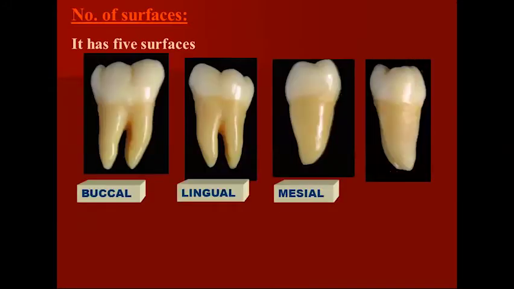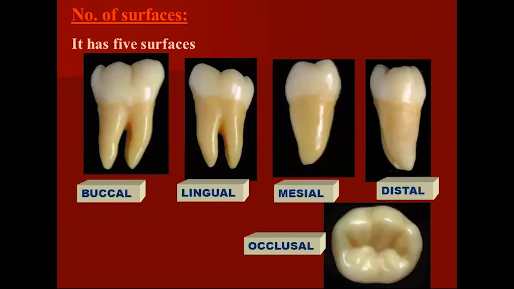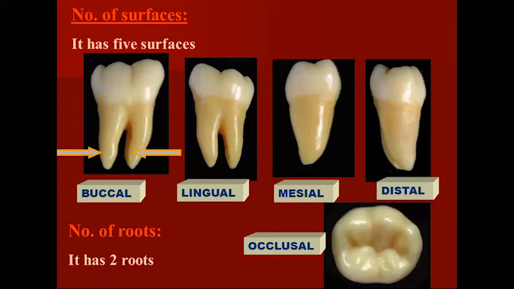It has 5 surfaces: buccal, lingual, mesial, distal, and occlusal. Number of roots: 2 roots, 5 lobes. Buccal aspect. The geometrical outline is trapezoidal.